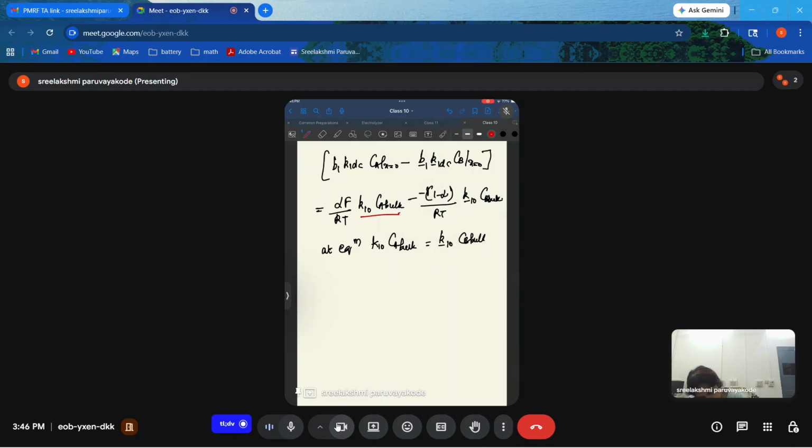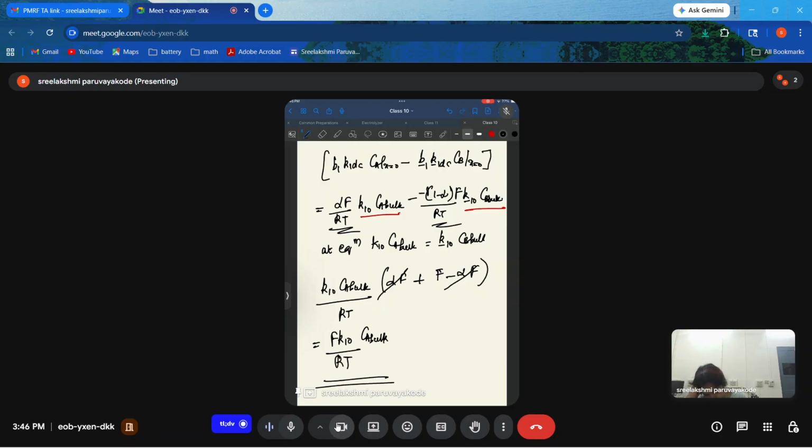This means this term and this term are equal, so I can take them out. Let's say K1 0 CA bulk and F by RT is also common. I take it out and write alpha minus of minus plus 1 minus alpha, so this and this go, and you have K1 0 CA bulk F by RT. So this is the denominator.